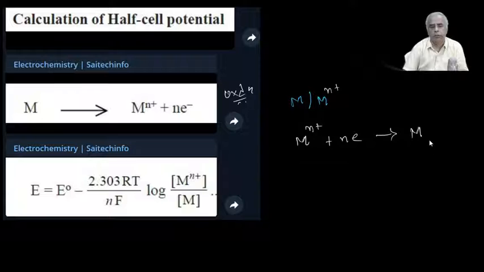So this is reduction. By Indian convention, we always take the reduction potential only. What about this? This is oxidation.